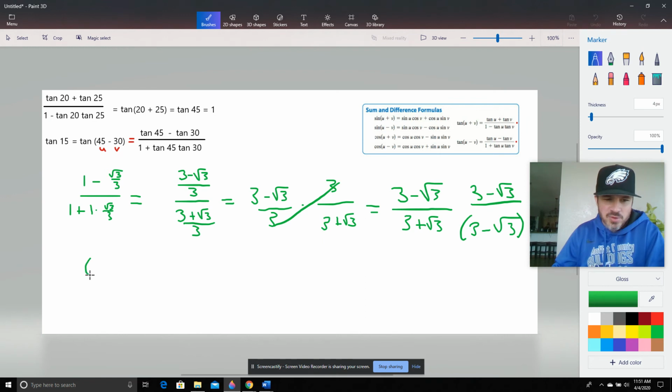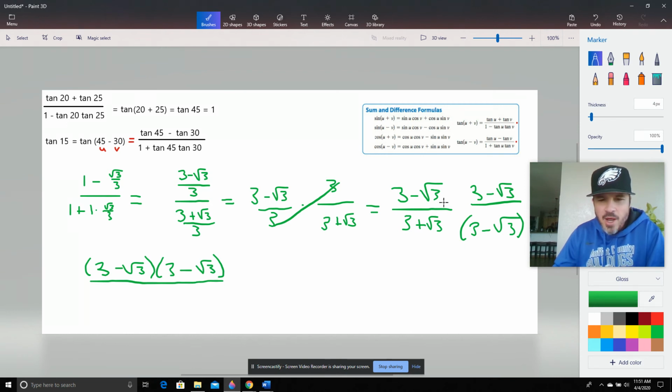So I won't distribute the top. I'll leave it be. Just know that when you get root 3 times root 3, you're going to get 3, right? That perfect square. Conjugate pairs make a difference of perfect squares, which rationalizes the denominator.